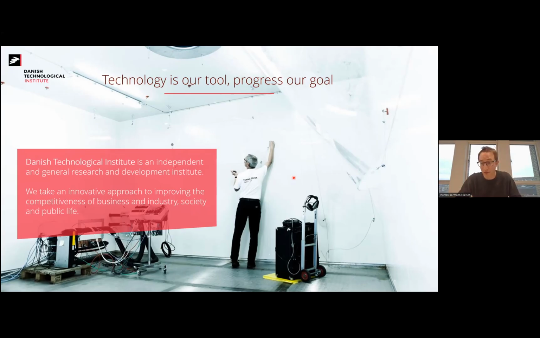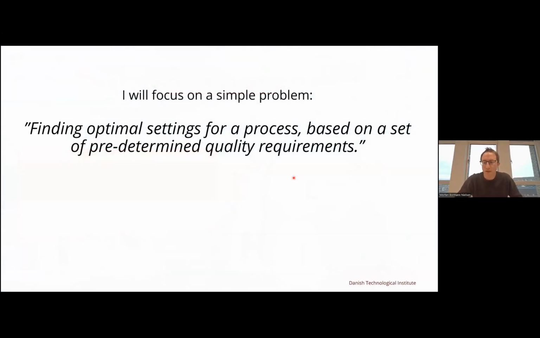What I'll be talking about today is a tool that makes it easy to implement a given technology. In this specific context, the AI technology of Bayesian optimization. So, what has already been introduced, I will focus on a very simple problem to state, which is to find optimal settings for a process based on a set of predetermined quality requirements.